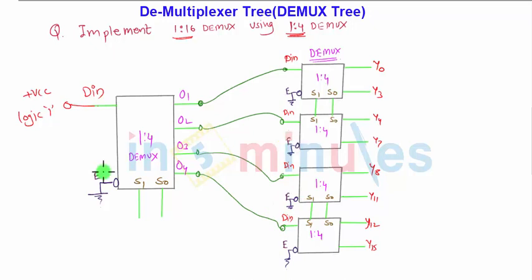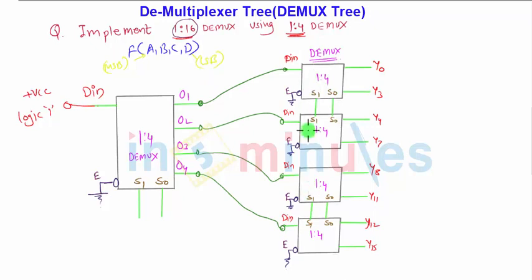Now how to set up the MSB and LSB bit? Since I need to implement 1:16, that is nothing but a function of 4 variables, A, B, C, D. So these are going to be my select lines, in which I will treat A as the MSB and D as the LSB. Now how to set up MSB and LSB?